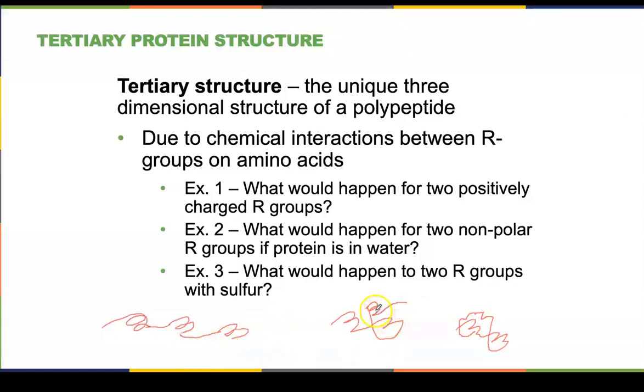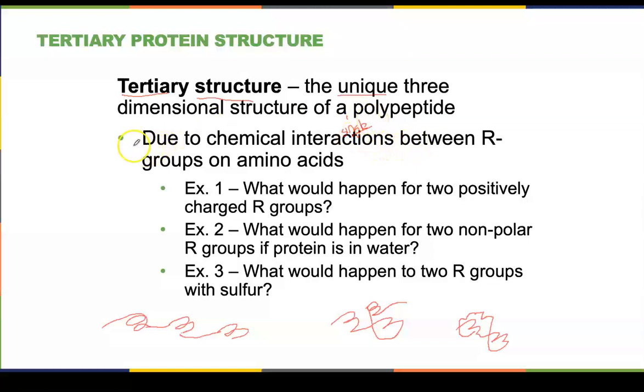So these additional layers of folding that determine the final folded shape of each individual polypeptide is referred to as the tertiary structure. So this is the unique three-dimensional shape of a single polypeptide.